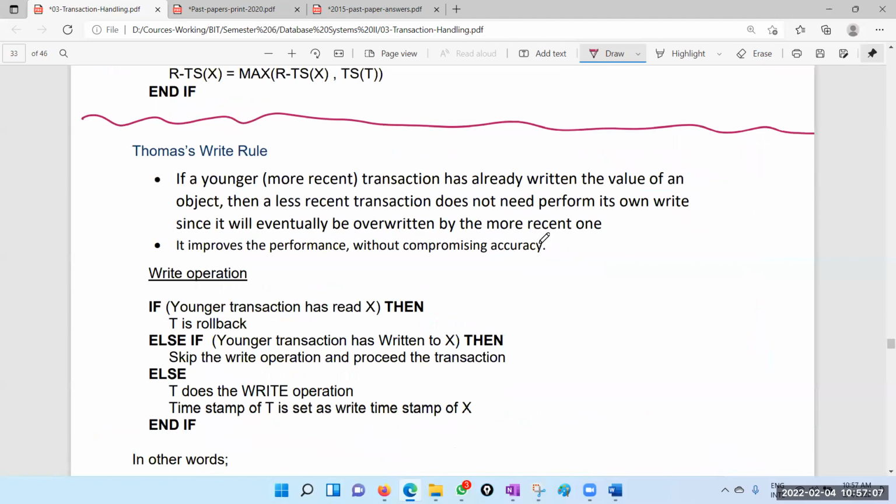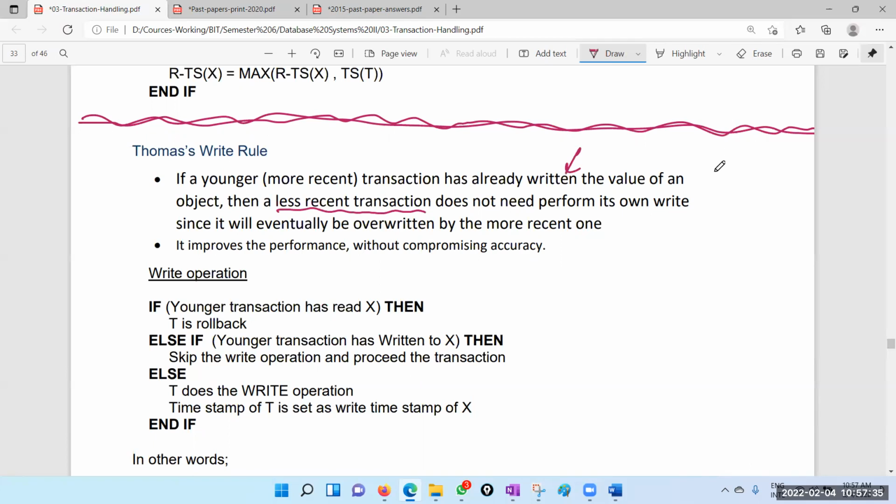Now we have one more rule to add, that is the Thomas Write Rule. So what is that? The Thomas Write Rule says, if a younger transaction has already written the value of an object, then the less recent, meaning older, transaction does not need to write.